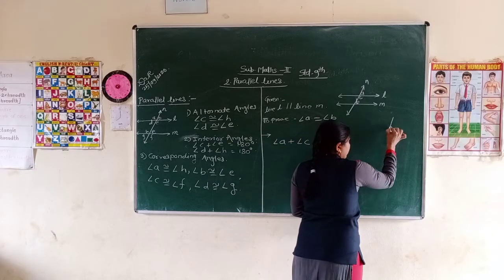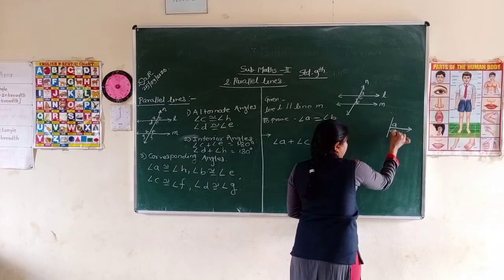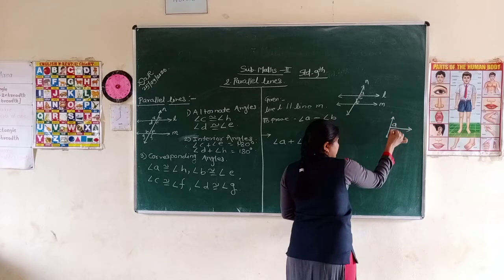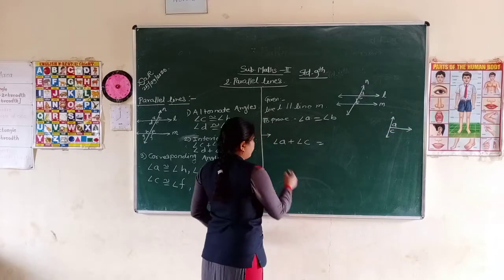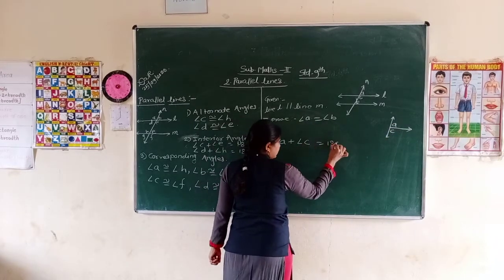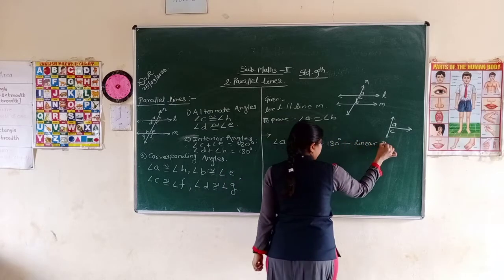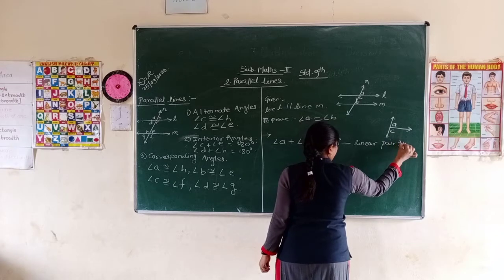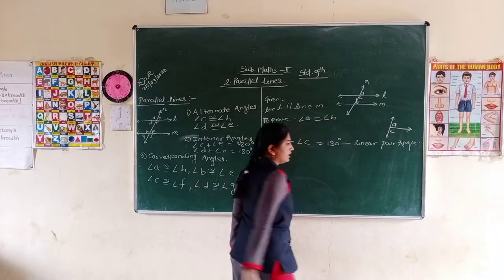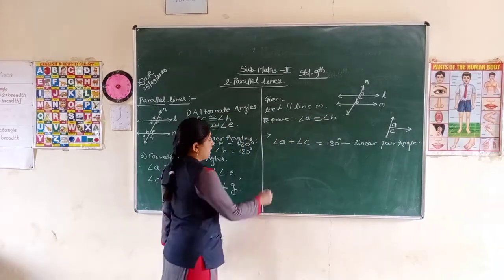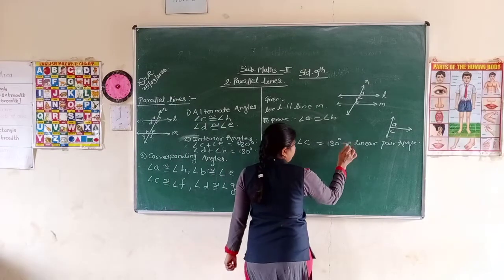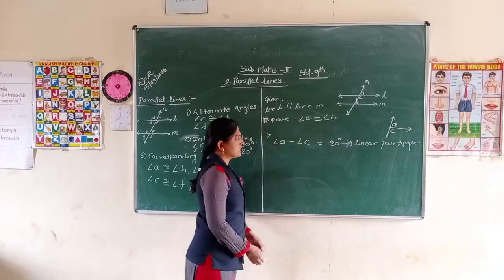See here, A and C, means this is a linear pair, and the addition of a linear pair is 180 degrees. Linear pair angle. Then this is your first statement.